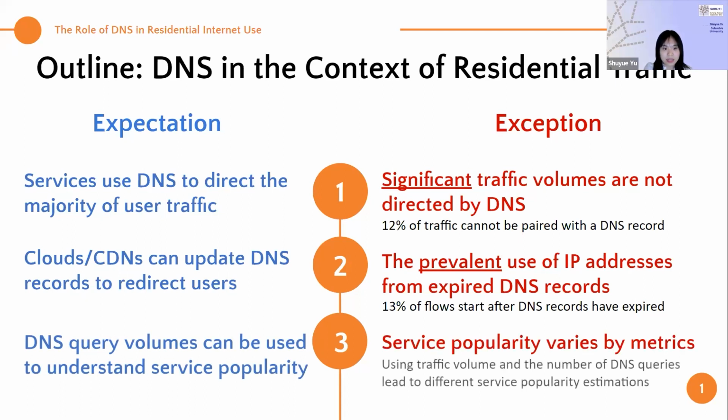However, in fact, service popularity varies by metrics. Using traffic volume and the number of DNS queries can lead to quite different service popularity estimations. This talk is going to demonstrate these results about DNS in the context of our residential traffic.